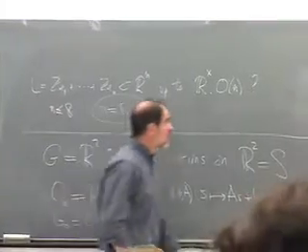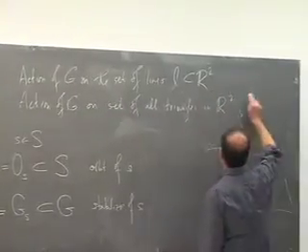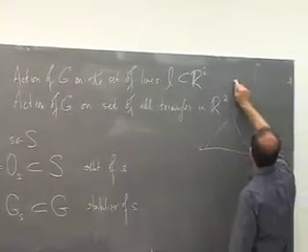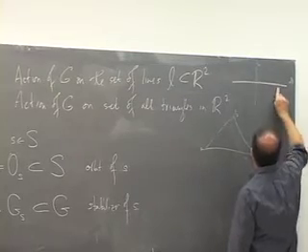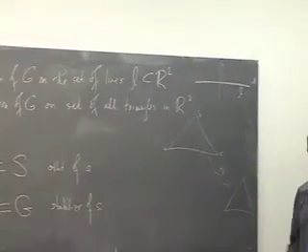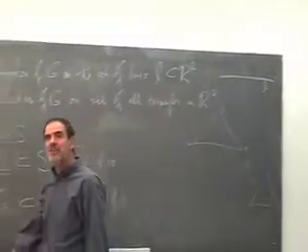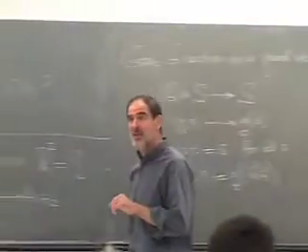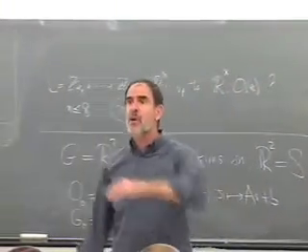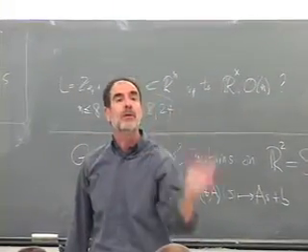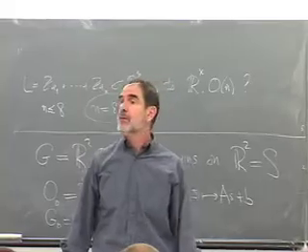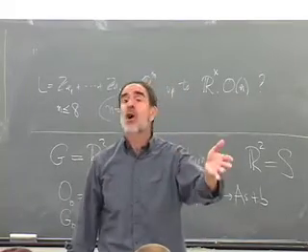Okay? Now, a very interesting question is if I look at this action and I fix a line through the origin, maybe this line, what's the orbit of that line under the group of motions of the plane? Can anyone see? That's a hard question. Well, what would be the orbit under the rotation group? Any line through the origin, right?